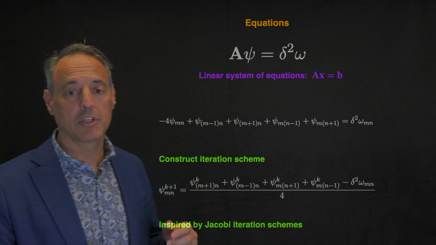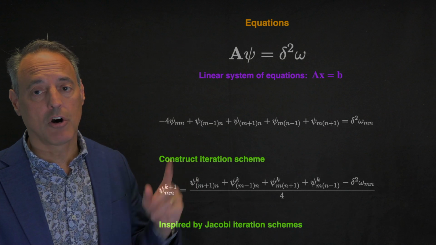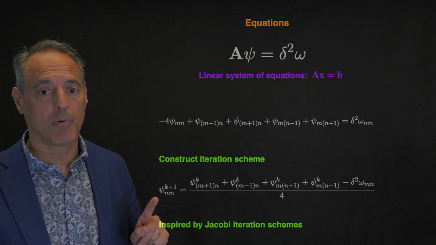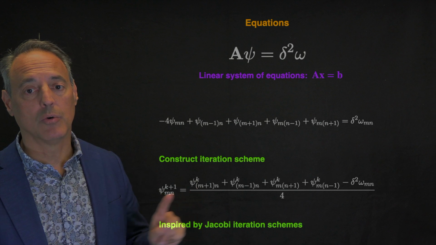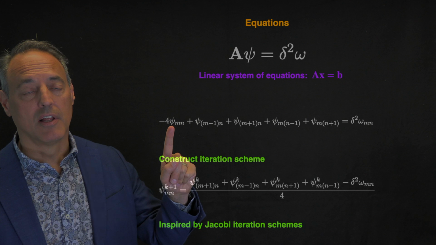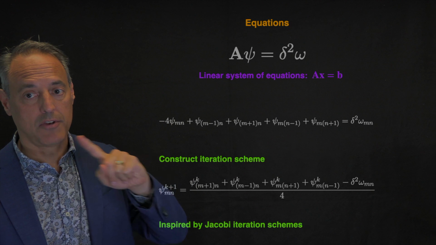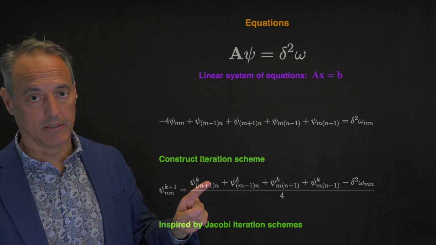So this is a construction of an iterative scheme, where for each point, my next point in the iteration, k plus 1, is equal to, all I did here is move the diagonal term over to the other side, bring the delta squared over to here, and just start iterating.